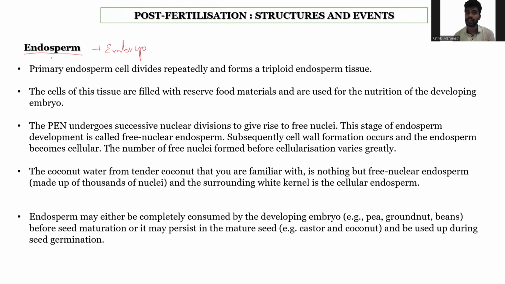So in this slide, I'll be discussing the endosperm structure development. Basically what happens is the primary endosperm cells start getting divided rapidly, and later on form the triploid endosperm tissue.